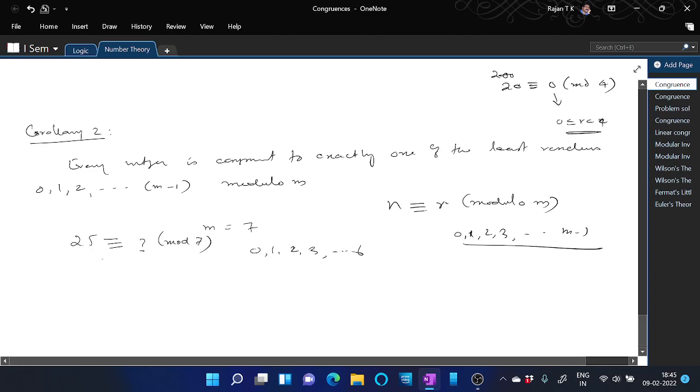So what is that number? 25 is congruent to what number modulo 7? Clearly 25 is congruent to 4 modulo 7, because 25 minus 4 is divisible by 7. And therefore this 4 is one of the numbers 0, 1, 2, 3, up to 6.